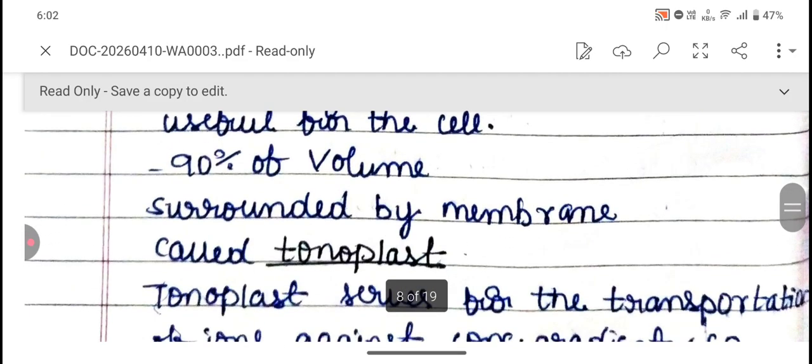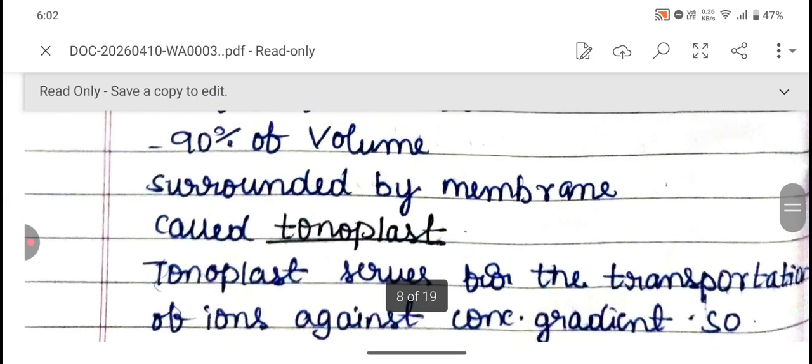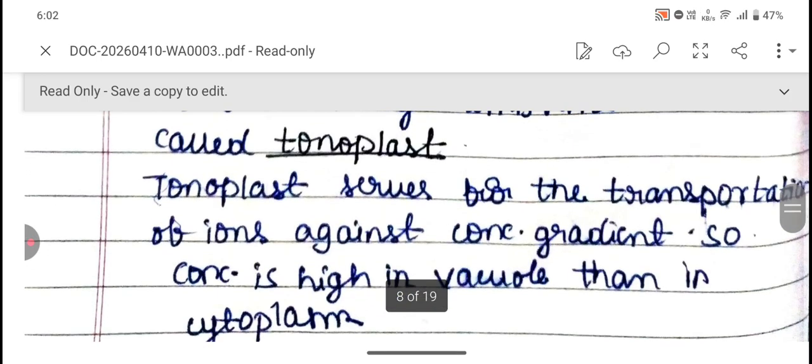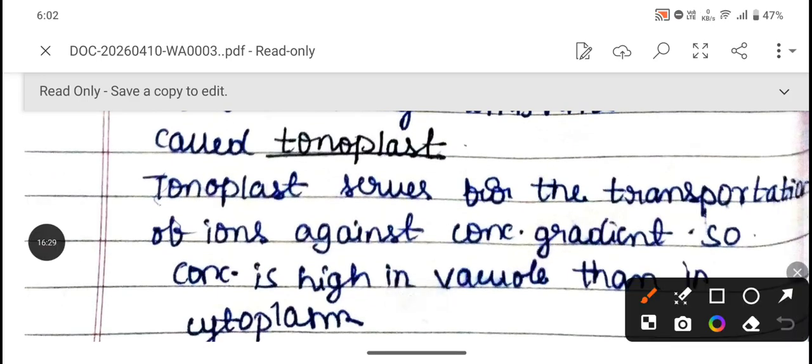It covers 90% of the volume of the cell and is surrounded by a membrane called the tonoplast. This tonoplast serves for the transportation of ions against the concentration gradient, so the concentration is high in the vacuole compared to the cytoplasm.